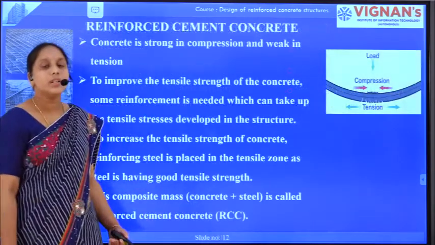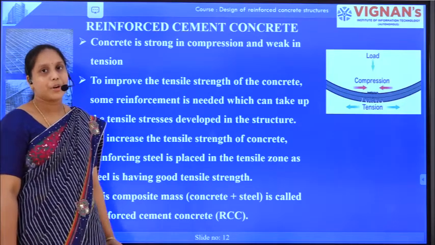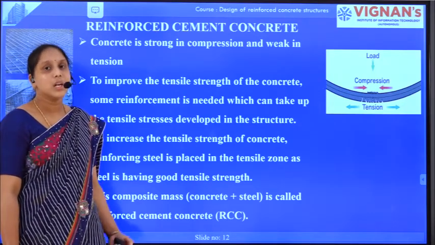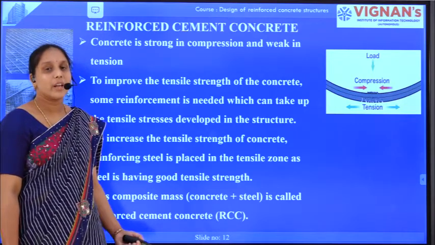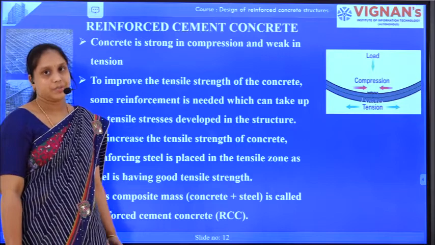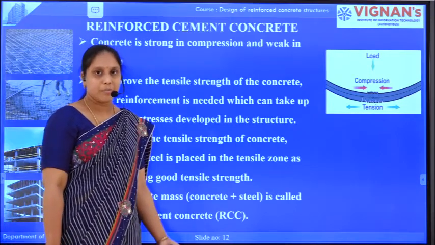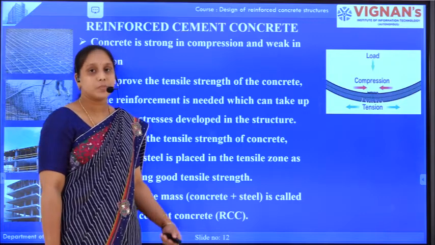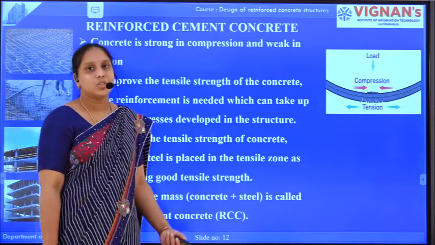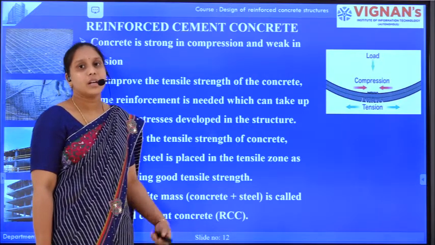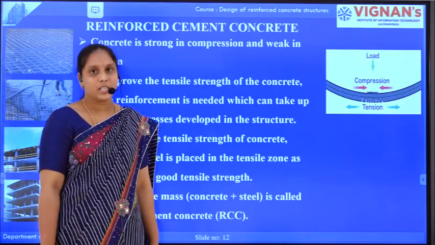We have already discussed that plain cement concrete is very strong in compression and very weak in tension. That is the advantage we learned in the previous slide: concrete has a very good compressive strength and very low tensile strength, that is the disadvantage.